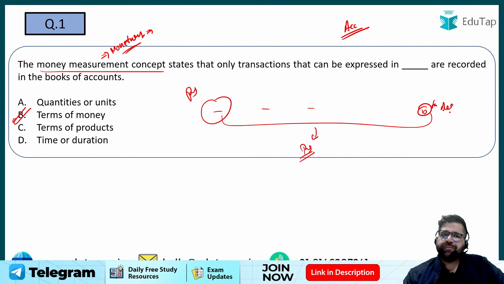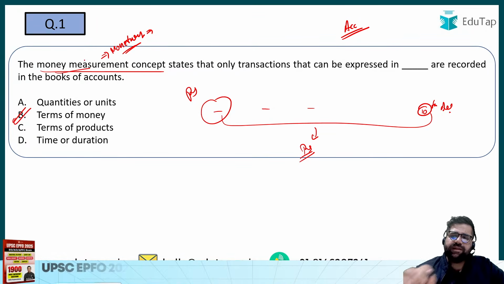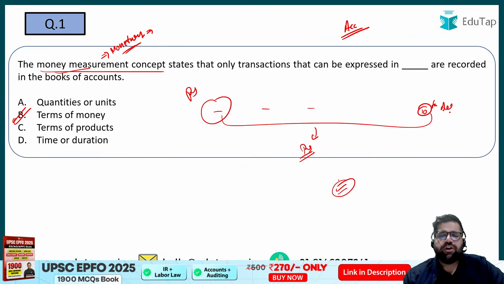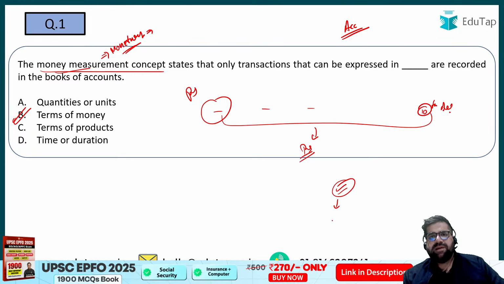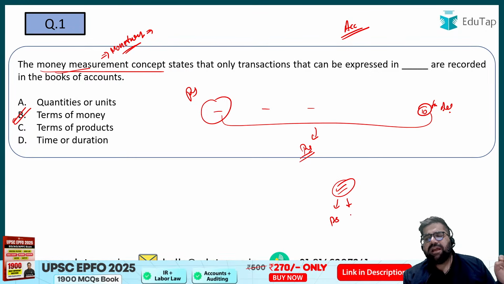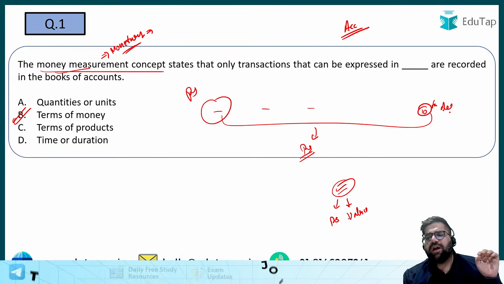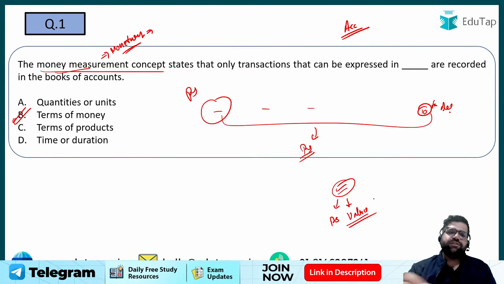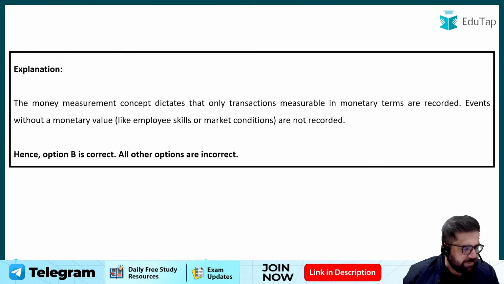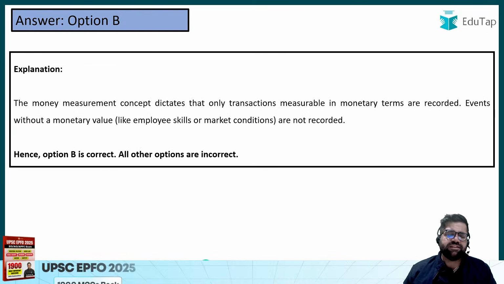This is not allowed. Right? So money measurement basically means every transaction happening in your company should first of all be measured in rupees. At the same time, you also have to remember its value. This is what the money measurement concept of accounting is. So the first answer is option number B. I hope you would have given the right answers.